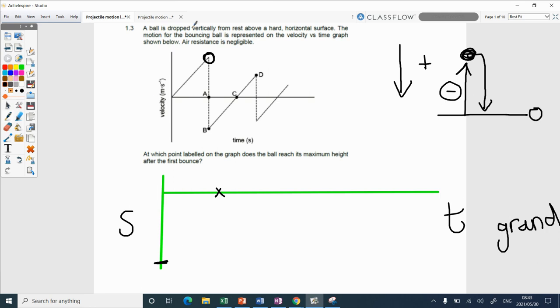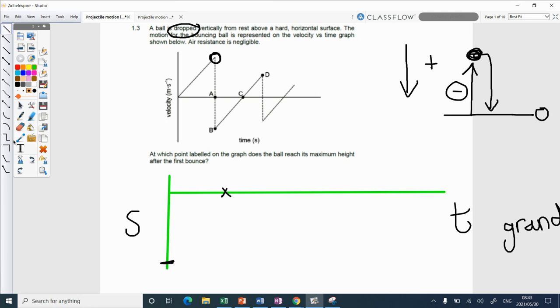Now, when it starts, they told us that it was dropped. What is its velocity when it's dropped? So what would my gradient be? If the velocity is 0, remember displacement, the gradient is my velocity. So you know that you are going to start here with a straight line, right?